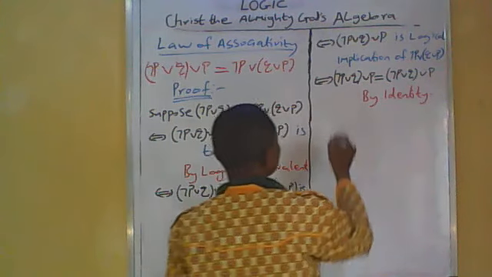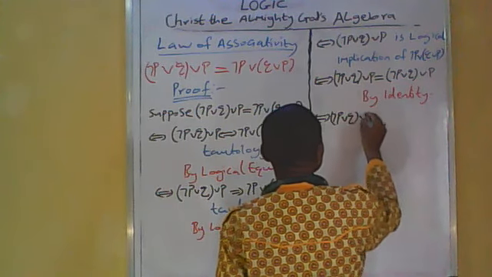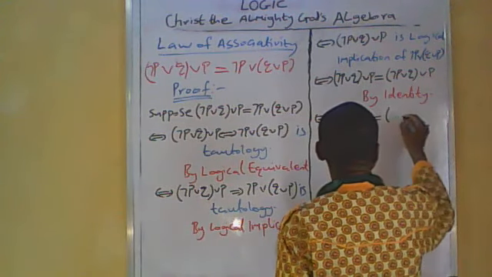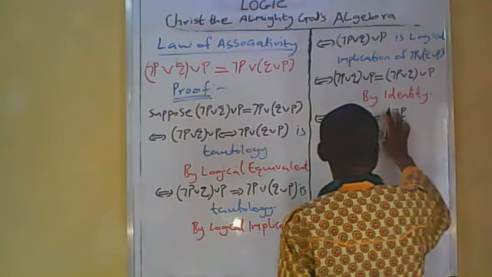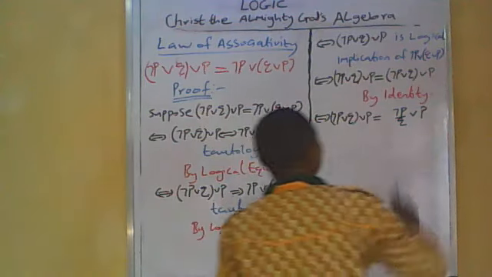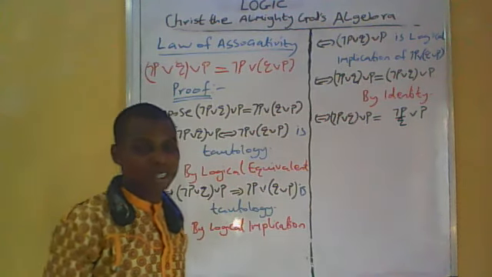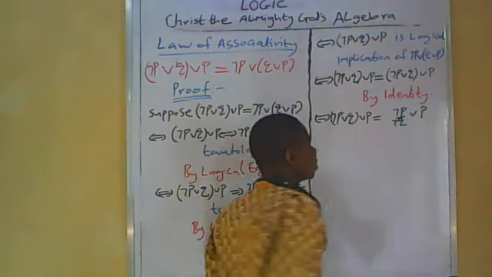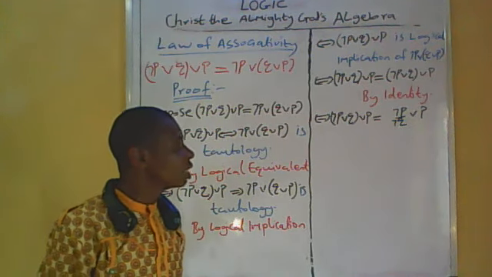If and only if (not P or Q) in all brackets is equal to (not P or Q) or P, the not P or Q that is in disjunctive statement has now been transformed to a conditional statement.